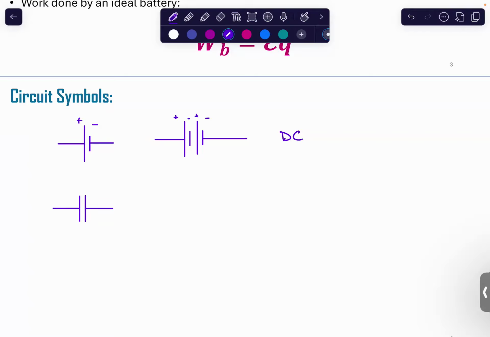Then we have the symbol that looks kind of like how some of you draw your sigmas. What is that? Just a zigzag line. This is one of the circuit components we haven't dealt with yet.